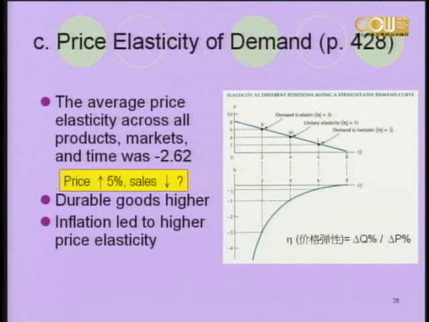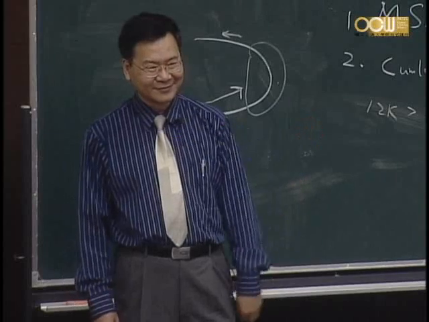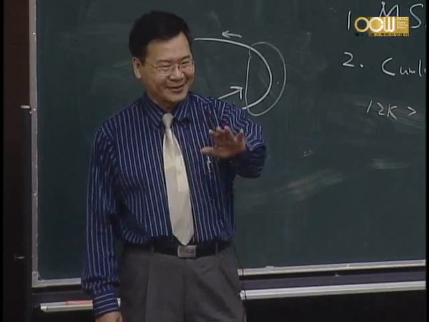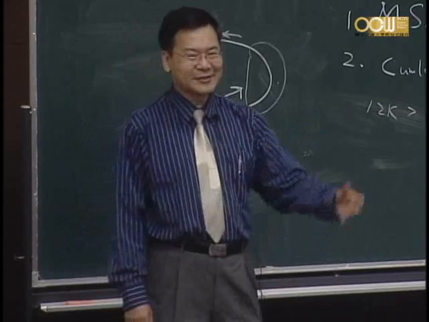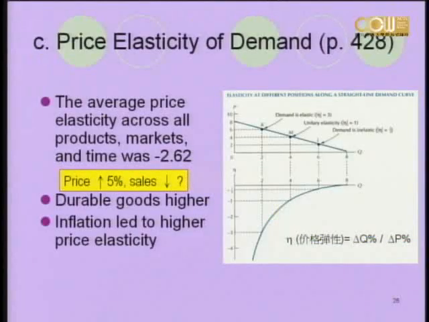We know inflation is coming up, so what is our response to the inflation? Do we refuse or do we get used to the inflation? Do we spend less? Will the demand increase or decrease? All right, figure it out by yourself. Go home and figure it out. Inflation is here, and what it says is inflation leads to higher price elasticity.